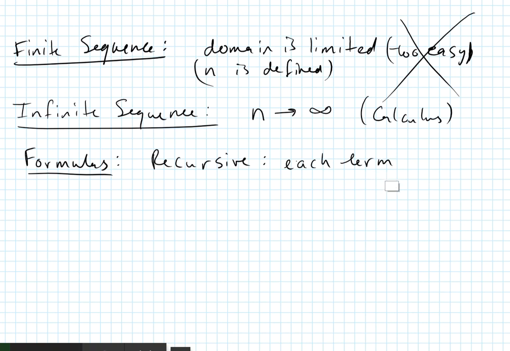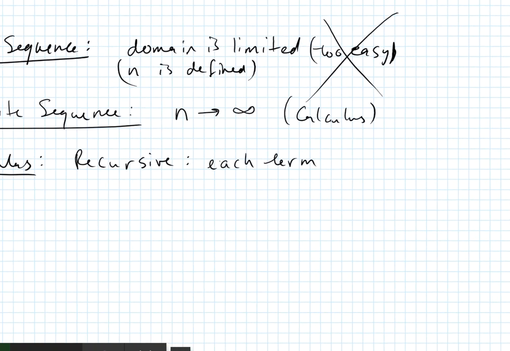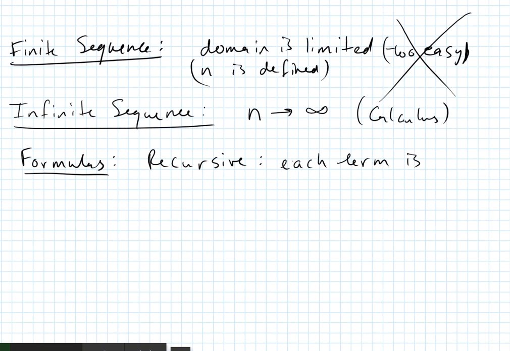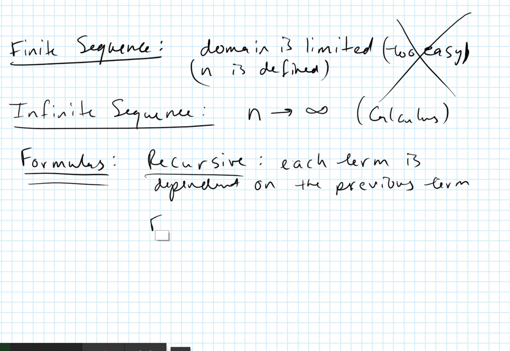You have to define the first one. For explicit, which is more what you're used to from Algebra 1, the formula is written as an expression in terms of n.